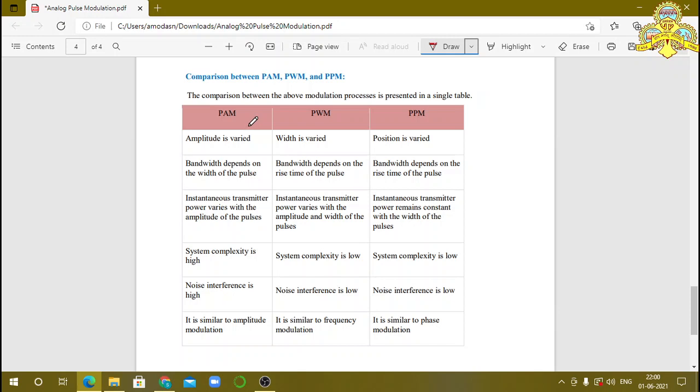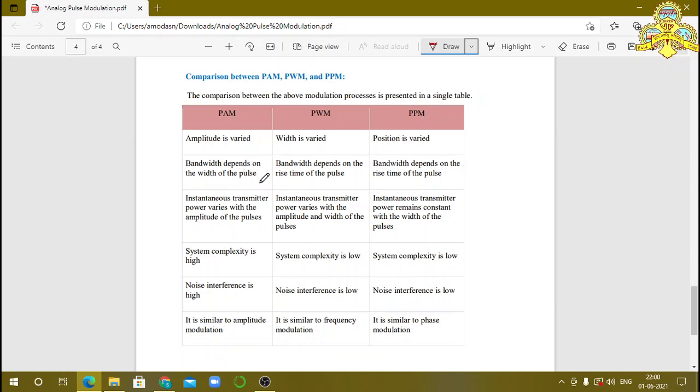Amplitude changes with respect to the amplitude of the modulating signal. In pulse width modulation, width varies. Here amplitude is constant but the width of the pulse varies. And in the PPM, the position varies. Here the pulse width as well as the interval is the same, but the position of the pulses goes on changing.